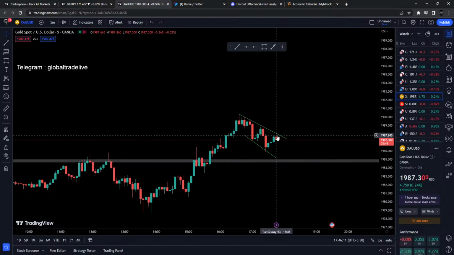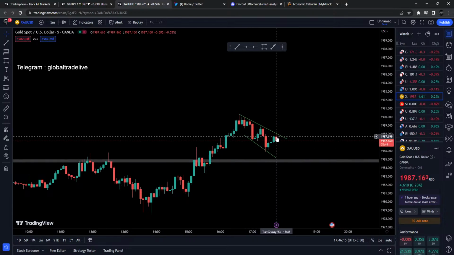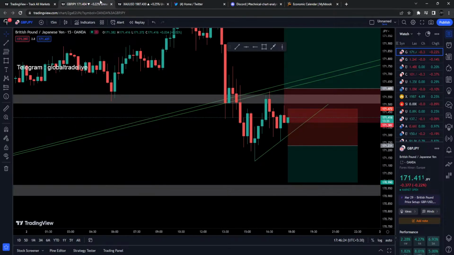Otherwise the next move will be downside. If we just follow this channel, there will be a move coming to the downside, in case gold really doesn't want to move up. So let's see if we still have this trade over here or not.